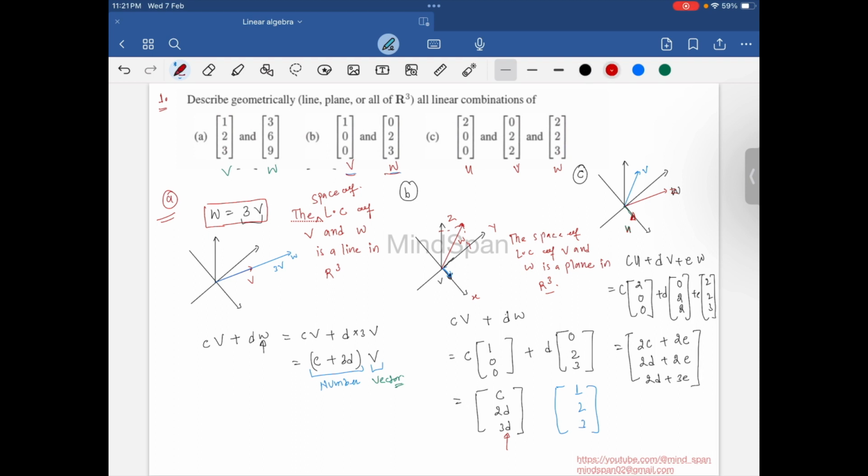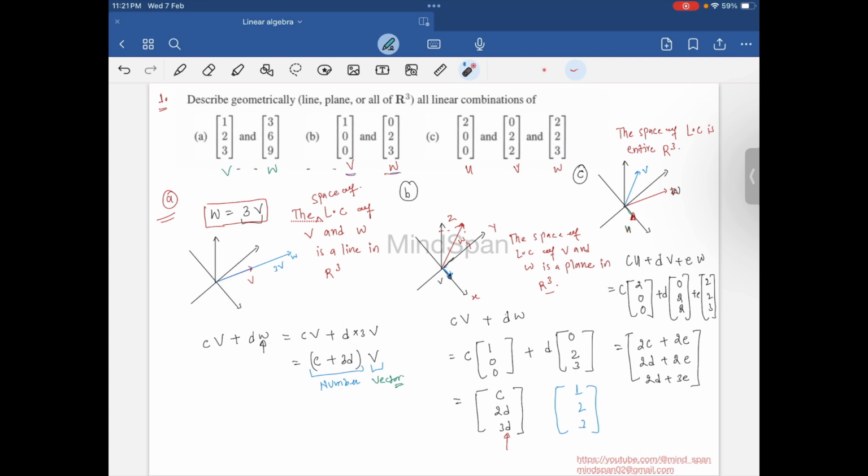So in this case, the space of linear combination is the entire R cube. Let me summarize this one.